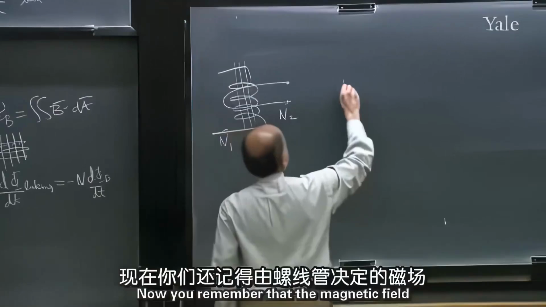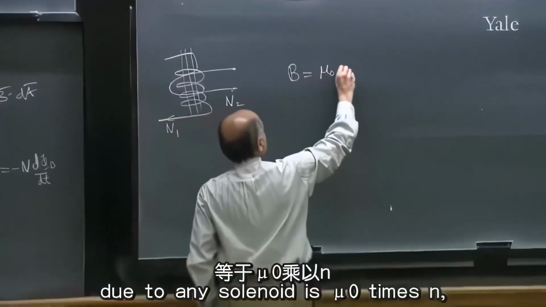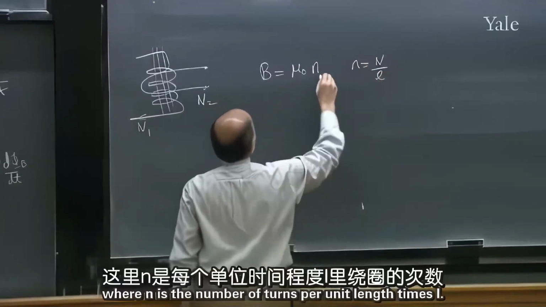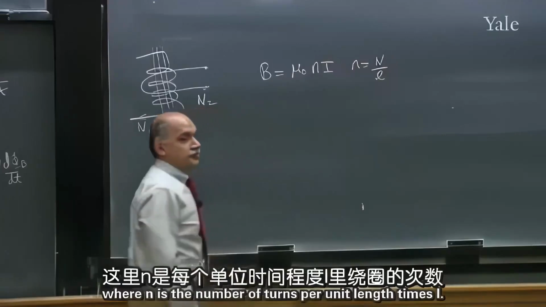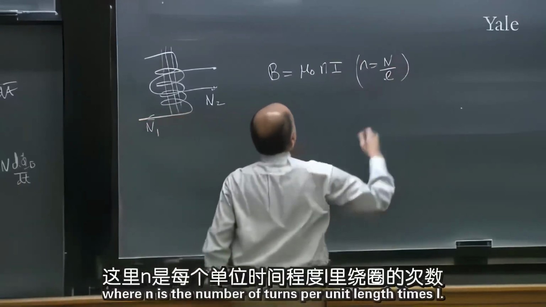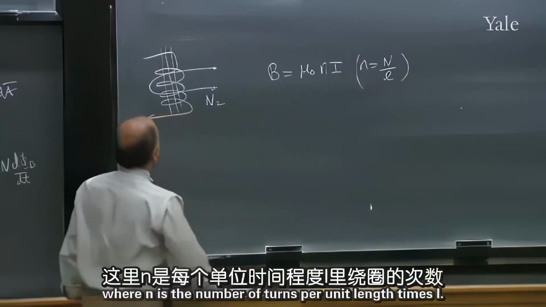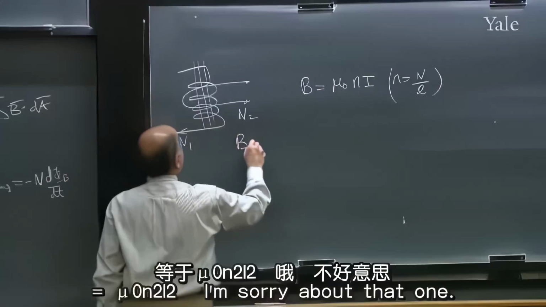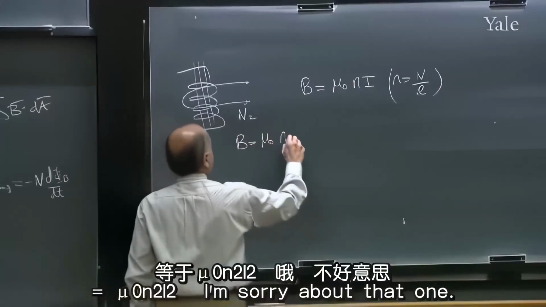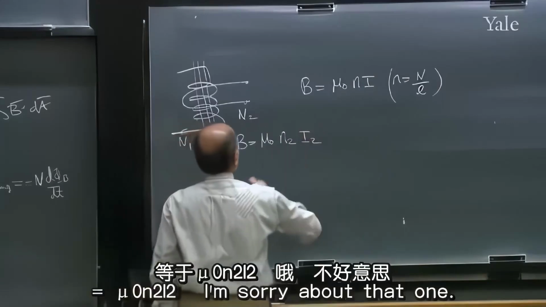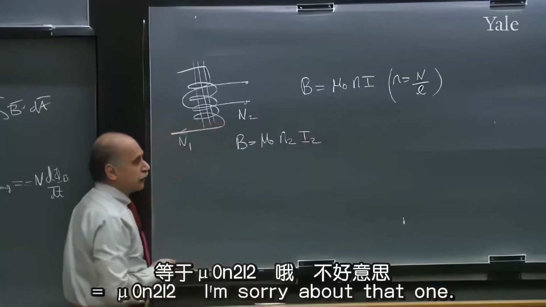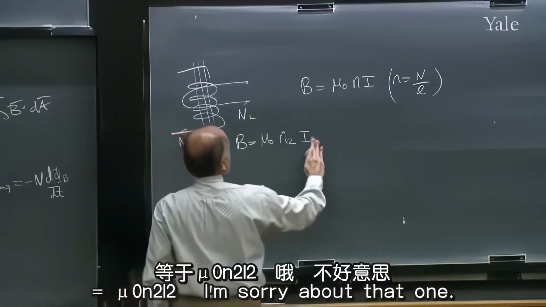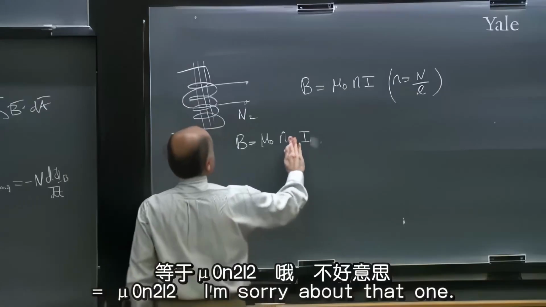Now you remember that the magnetic field due to any solenoid is mu 0 times n, where n is the number of turns per unit length, times I. Therefore, the magnetic field in this solenoid is equal to mu 0 N1 I1.